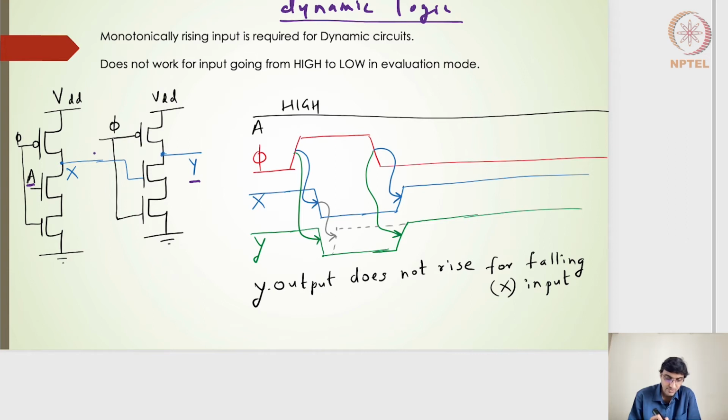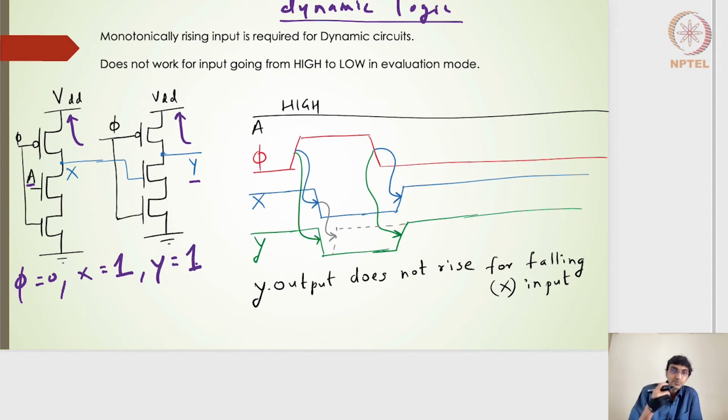So when phi is equal to 0, X is anyways charged to VDD. Y will also be charged to VDD, right? So when phi is equal to 0, X has reached 1, Y has reached 1. So what it means is X is pre-charged to VDD and Y is pre-charged to VDD, or logic level 1, right?